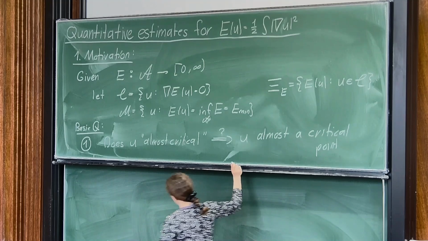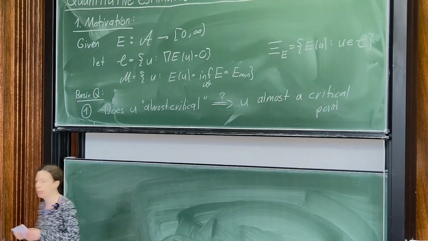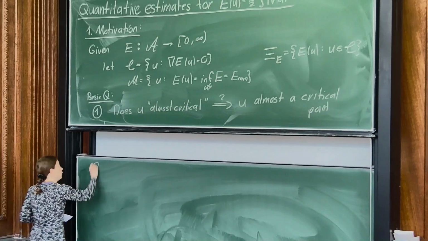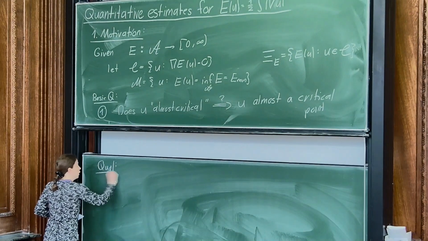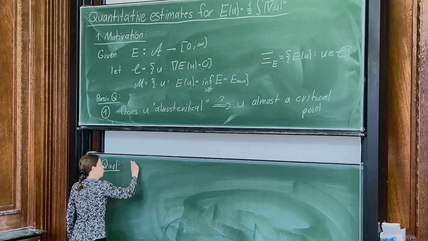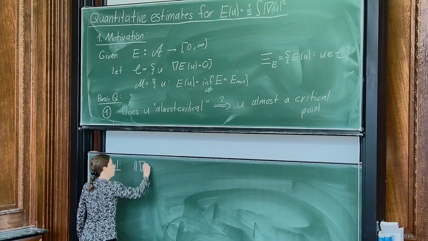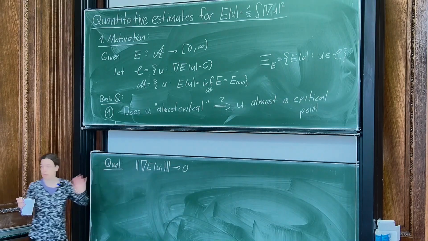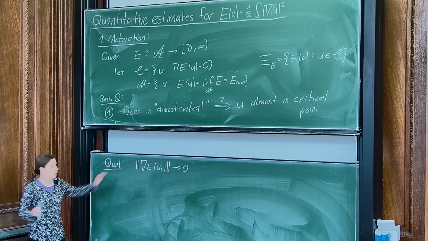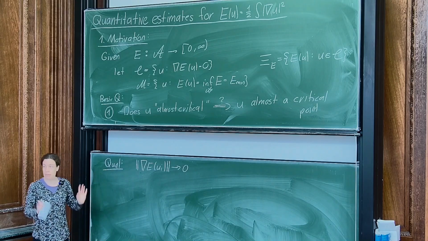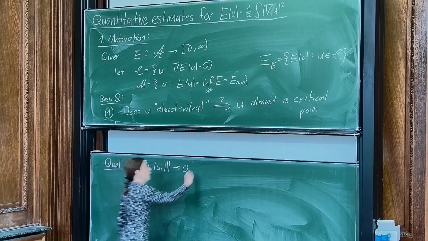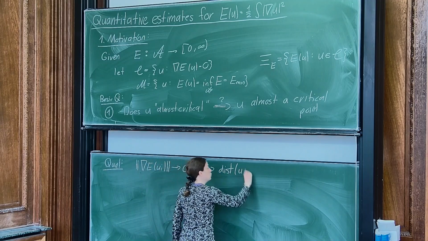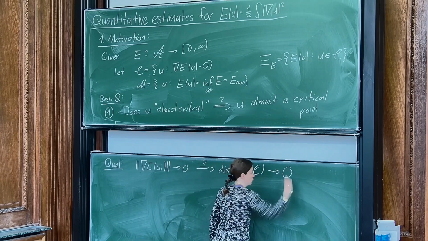And you can ask such questions at two levels. On one level, at the level of compactness, or sometimes you can also call it the qualitative level. As in, do I know that if the norm of the gradient of u_i goes to 0, with u_i maybe of bounded energy or something like that, norm taken in a suitable way, that's part of the problem, what the right thing is, does this imply that the distance of the u_i's to the set of critical objects goes to 0?